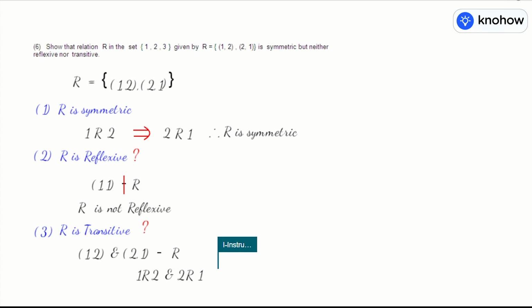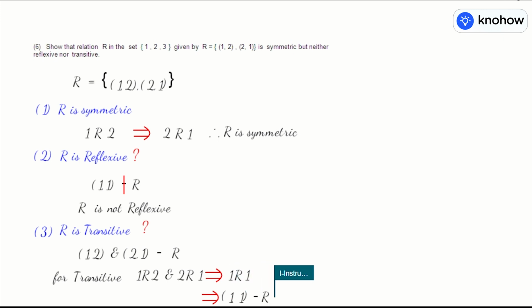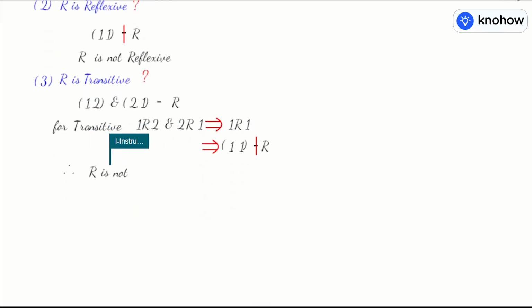For the relation to be transitive, it should imply that 1 is related to 1, that is, (1, 1) should belong to R. But (1, 1) does not belong to the relation. So we should conclude that R is not transitive. So it means we have proved that R is symmetric but neither reflexive nor transitive.